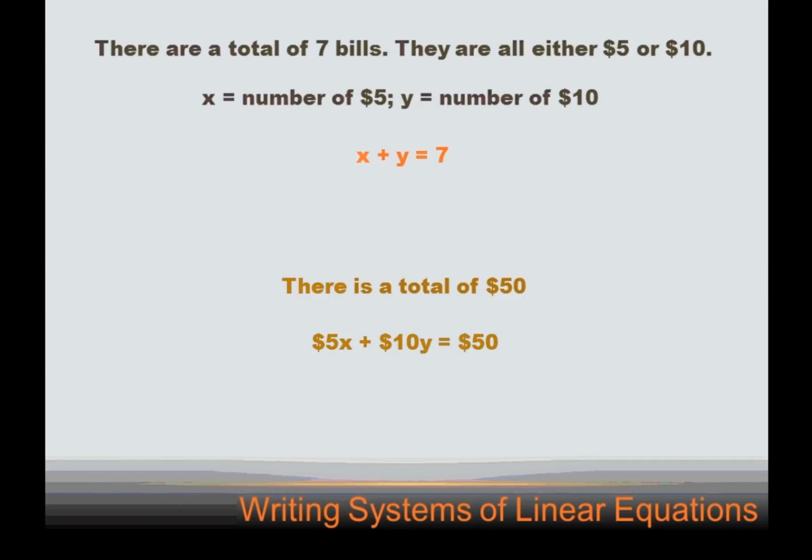Well, we could write that this way: $5 times the number of $5 bills plus $10 times the number of $10 bills equals $50. Well, that's pretty good. We've got two equations now that help us understand the situation in this problem.